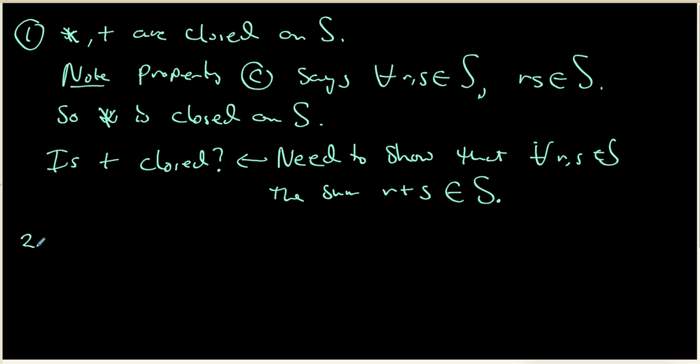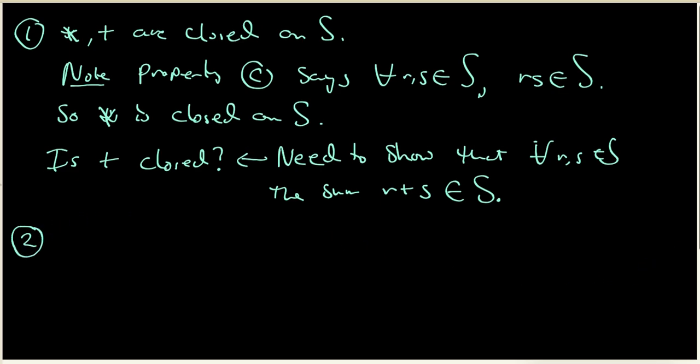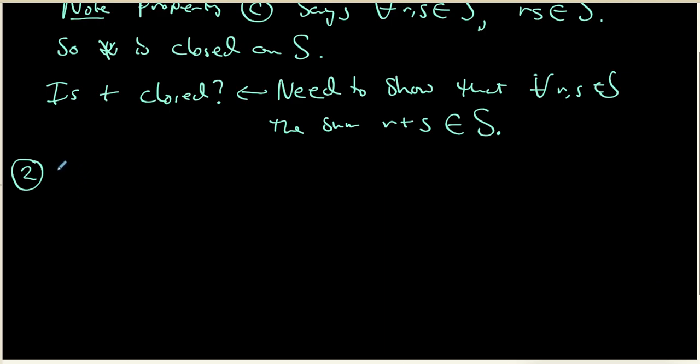So the second thing that I want to look at is additive identity elements. Now what I know here is that S is not the empty set.